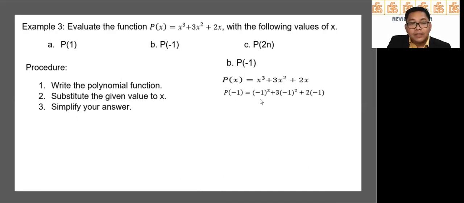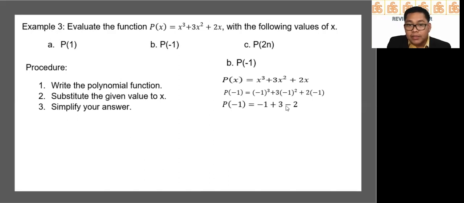Okay, so it becomes negative 1 cubed plus 3 times negative 1 squared plus 2 times negative 1. If we simplify, then negative 1 cubed becomes negative 1, because it's negative 1 times negative 1, positive 1, times negative 1 is again negative 1.